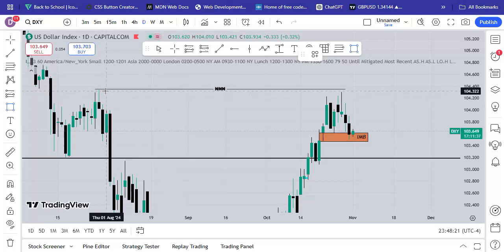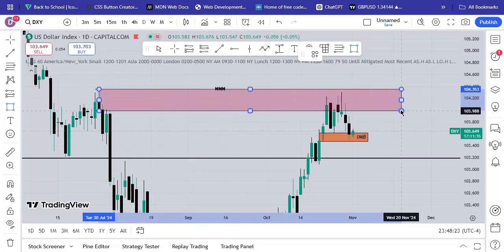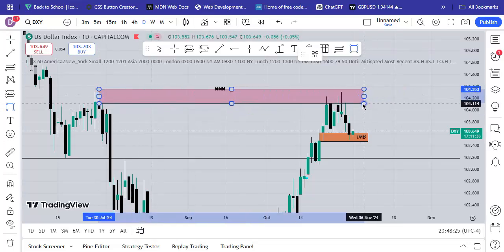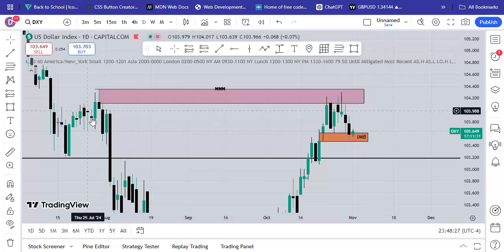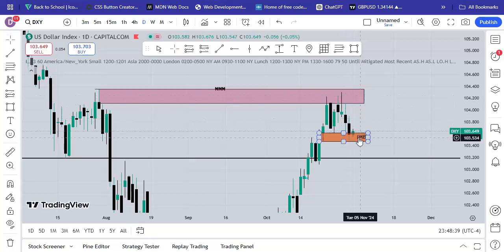It shows you that when you have something like this as resistance, price bounced off this and went down, and then price is tapping it and still going down. It taps this, it's still going down. So a lot of people would take this as resistance. They want to sell, they start selling from this point.